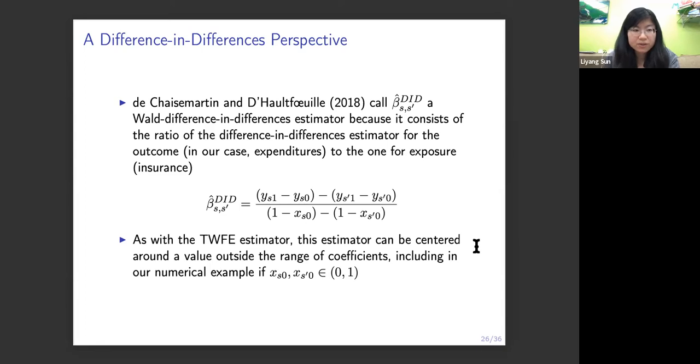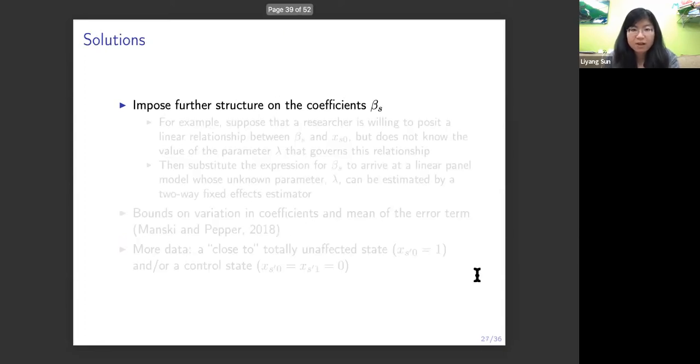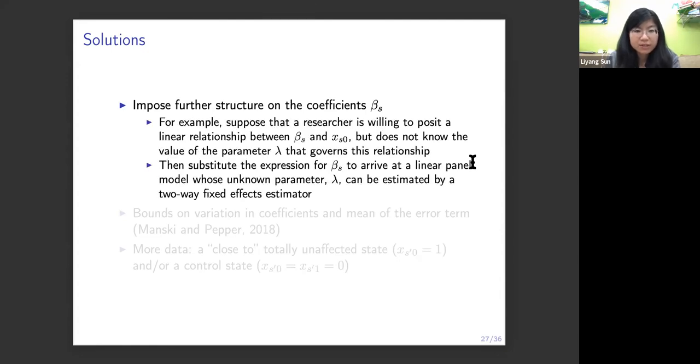Now, there are several solutions for this identification challenge. First is to impose structure on the heterogeneity of the coefficients beta S. For example, suppose a researcher is willing to assume a linear relationship between beta S and X as 0, as we saw in the numerical example earlier, but does not know the value of the parameter lambda that governs this relationship.